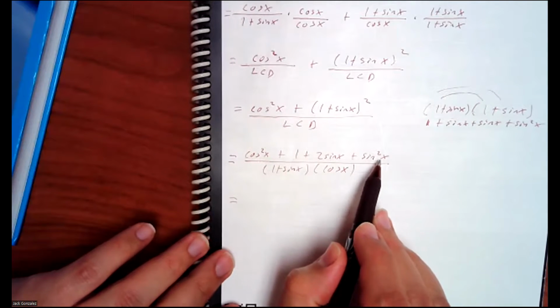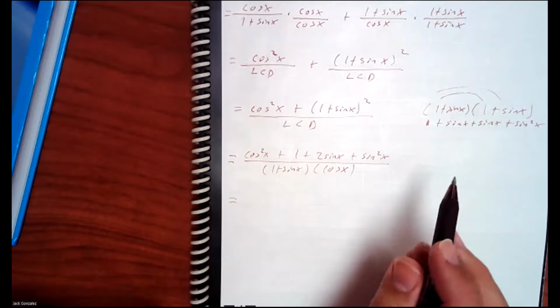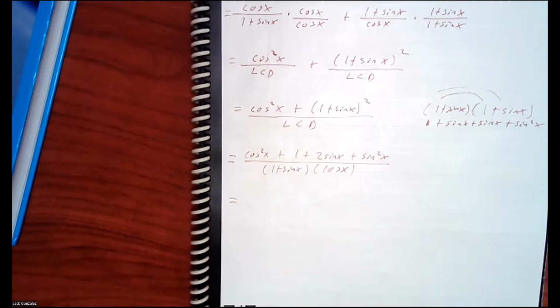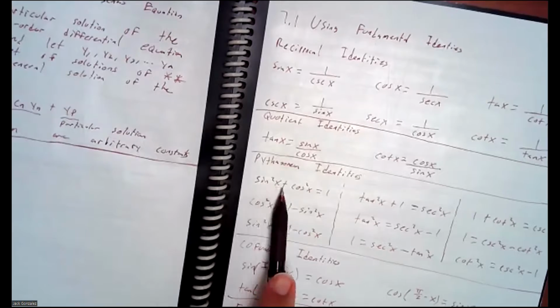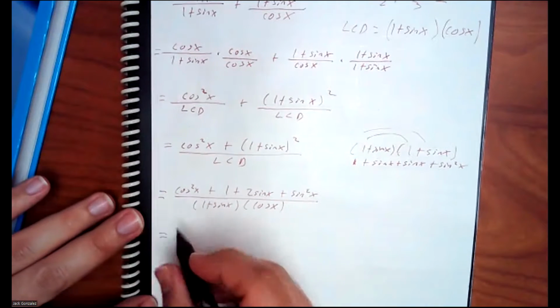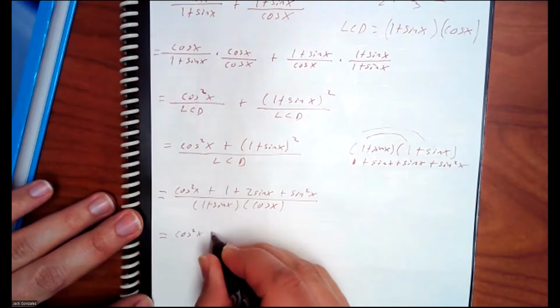Cosine squared plus sine squared. What does that equal to in your formulas? That's the first one we wrote in Pythagorean. Right. It's going to be 1, right? When you add them together, you get a 1. So let's put them right next to each other so it's obvious.